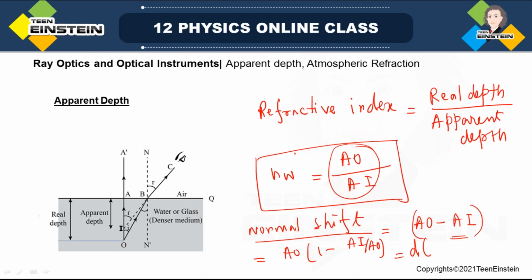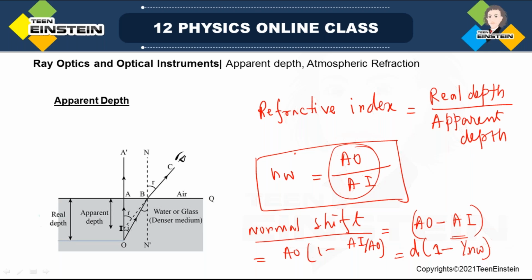Here AO means the actual depth. Suppose that is d, if you know that actual height, then you can find out what is the normal shift. So this is 1 by n_w. From here, using this formula, you can find out the normal shift or the actual position of the object.